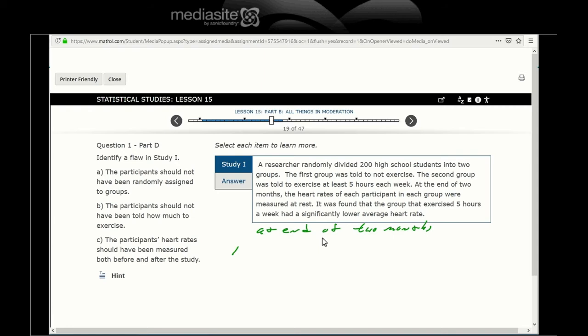So we have 100 students, no exercise, measure their heart rates, and probably get like a mean average heart rate. Let's say then in 2 months, we had 100 students. We did exercise.